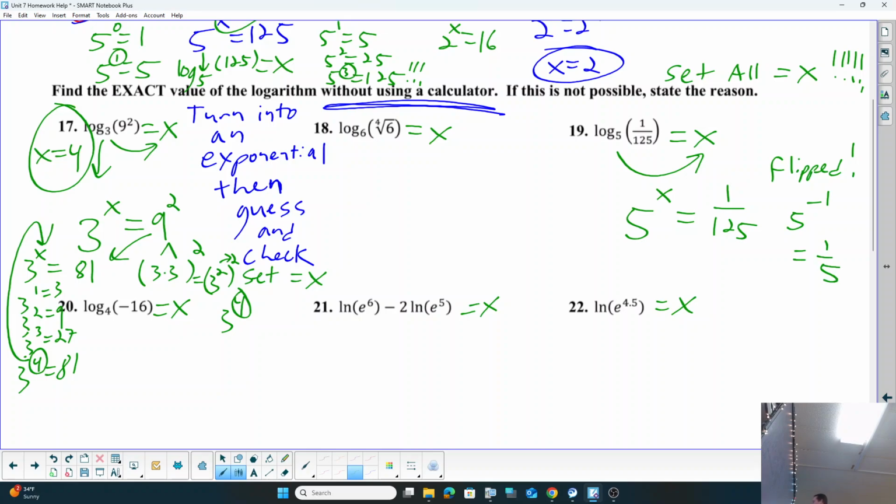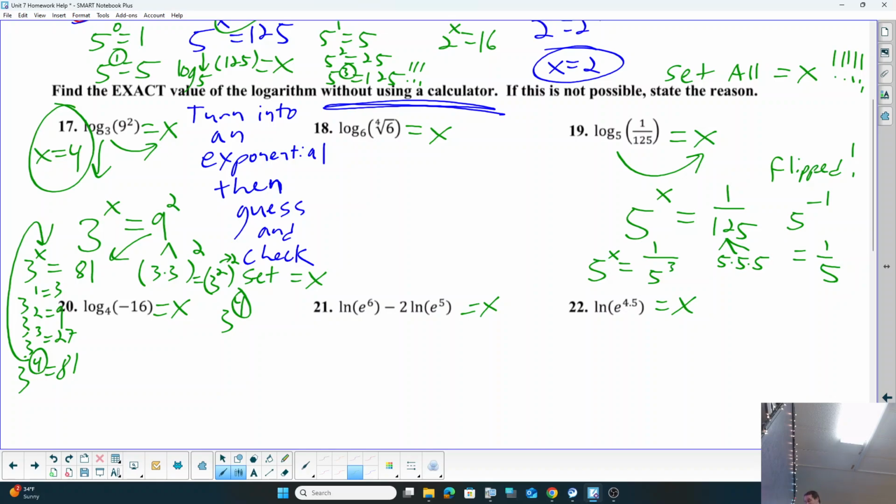Another way to do this is to break this down. 125 breaks down into 5 times 5 is 25, times 5. So that's 5 to the x power equals 1 over 5 to the 3rd power, because 5 times 5 times 5 is 5 to the 3rd power.